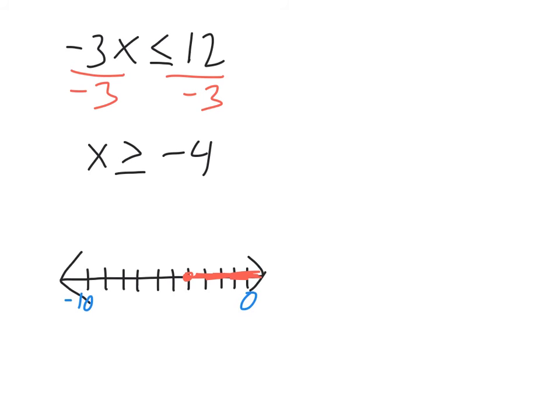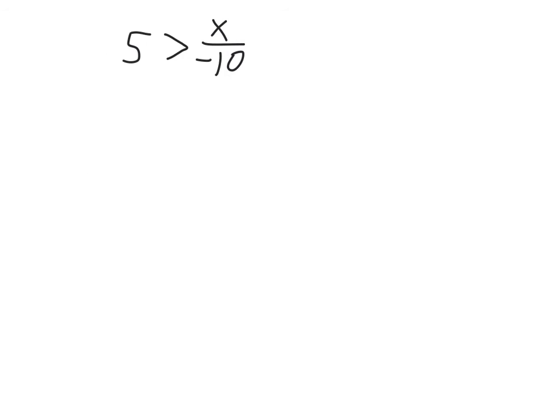Alright, one more example. Alright, so in this problem we have 5 is greater than x over negative 10. So x is being divided by negative 10, so we have to multiply both sides by negative 10.